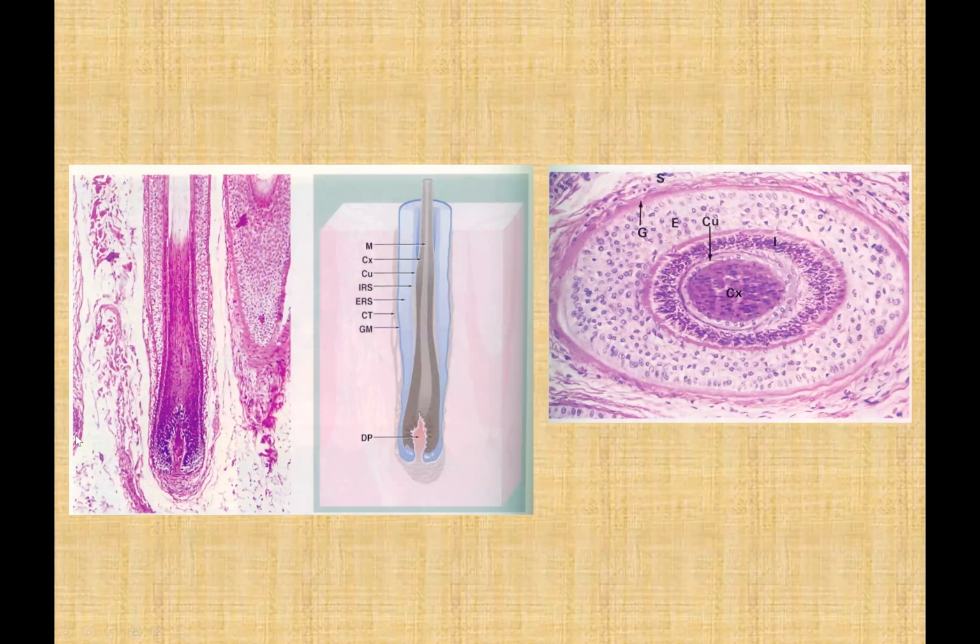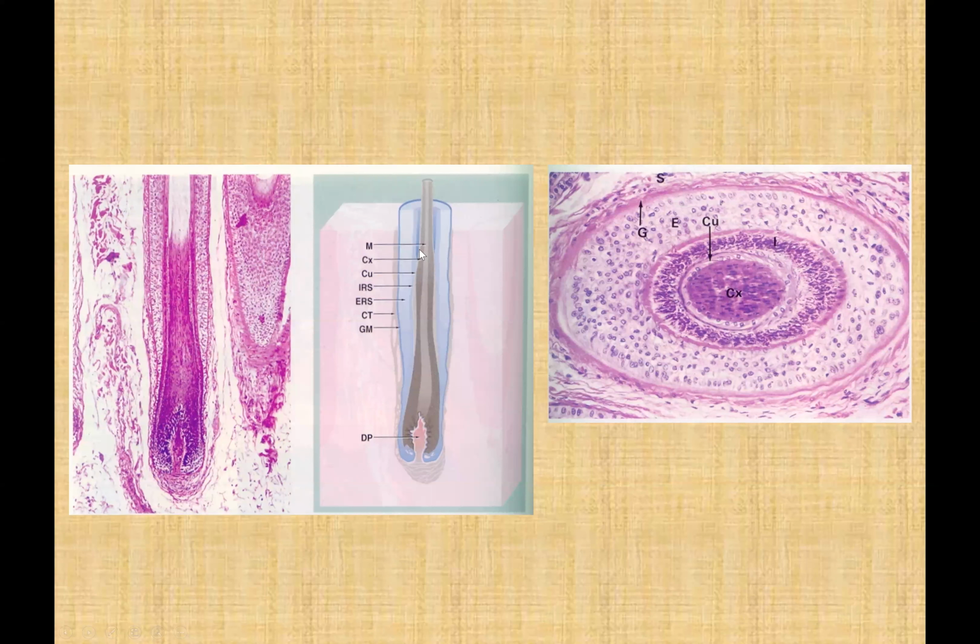So let us just look at that. This is to show how a hair follicle will look in the skin. This is the hair bulb. And then this is to show the matrix, the cuticle, the cortex.